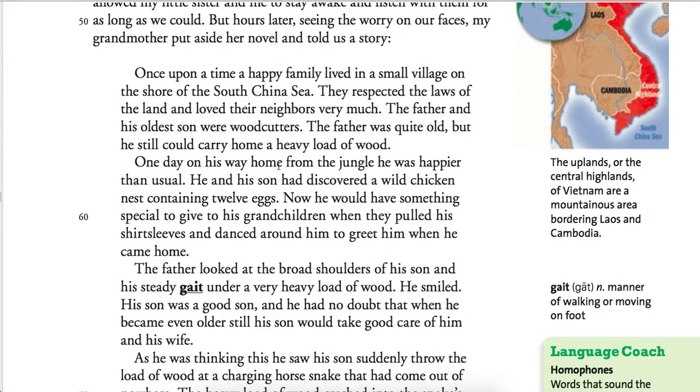One day, on his way home from the jungle, he was happier than usual. He and his son had discovered a wild chicken nest containing 12 eggs. Now he would have something special to give his grandchildren when they pulled his shirt sleeves and danced around him to greet him when he came home.